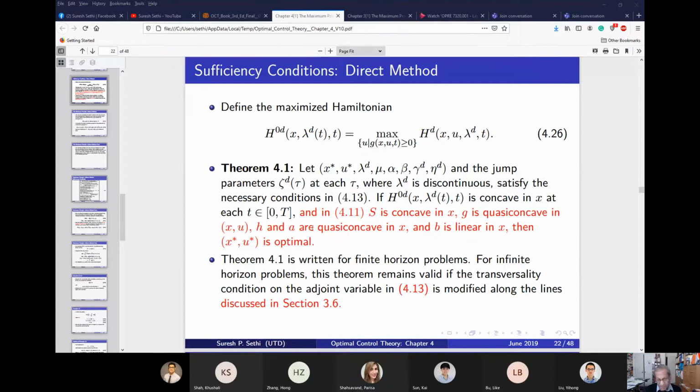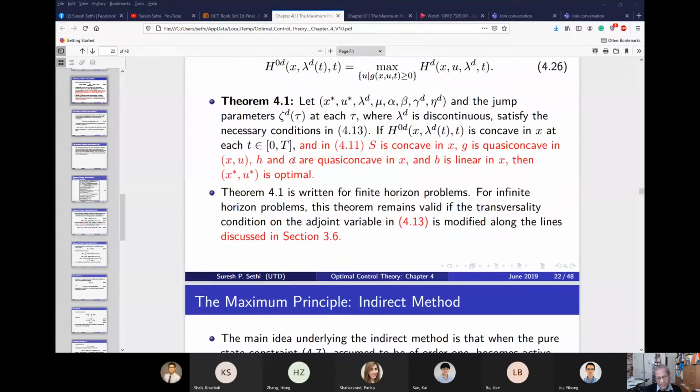H is very similar to A, because the A constraint is greater than or equal to 0, and h is greater than or equal to 0, so very similar. Then we have a sufficiency theorem very similar to chapter 3, and now it applies to problems with state constraints, pure state constraints.